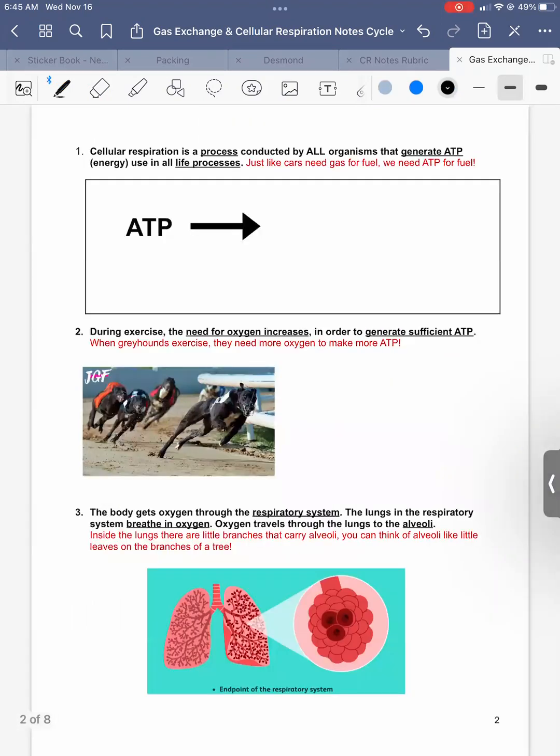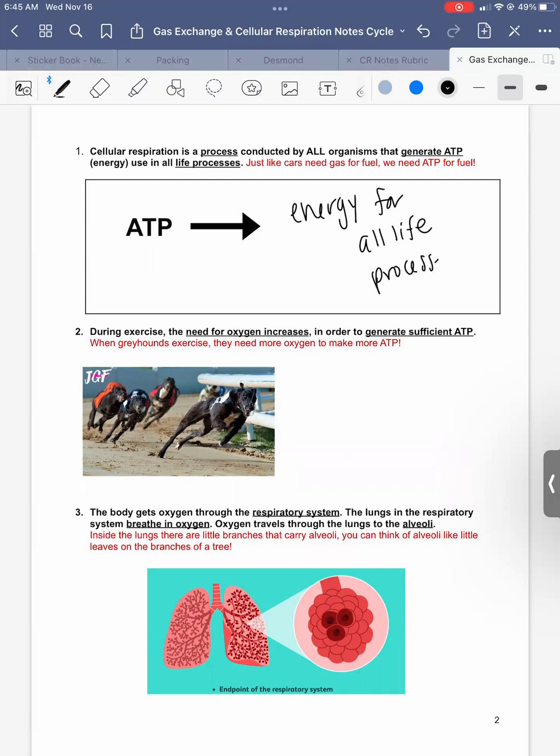All right, so we know that cell respiration is a process conducted by all organisms, and they do this in order to make energy for all life processes. So we are going to write under ATP an arrow, energy for all life processes.